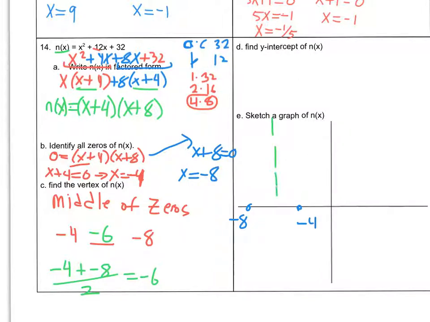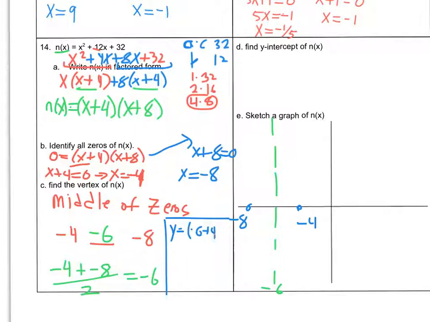Which is all fine and dandy, but all that does is give us an x-coordinate. To actually get the y-coordinate, we need to use the equation. So we're going to have y equals, I like using the factored form, but you don't have to. I find it a little bit easier to work with.